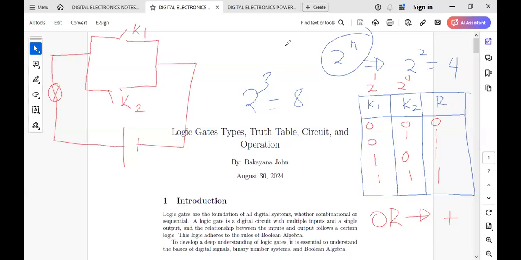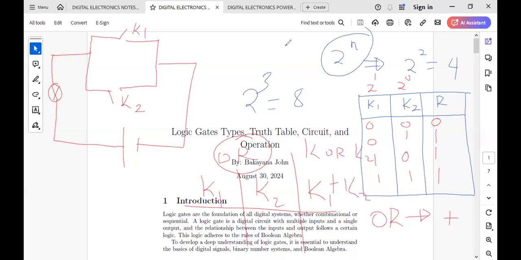So the Boolean equation for the OR gate: if I have K1 and K2, then the result is going to be K1 plus K2. We say K1 or K2, which is the same as K1 plus K2. Is that okay? Yes.